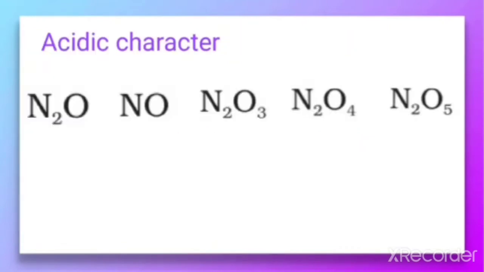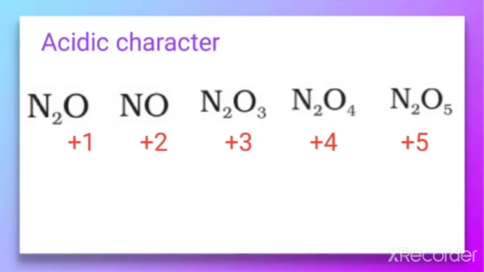Let us compare the acidic character of some oxides of nitrogen. The oxidation state of nitrogen in these compounds is +1 in N2O, +2 in NO, +3 in N2O3, +4 in N2O4 and +5 in N2O5.